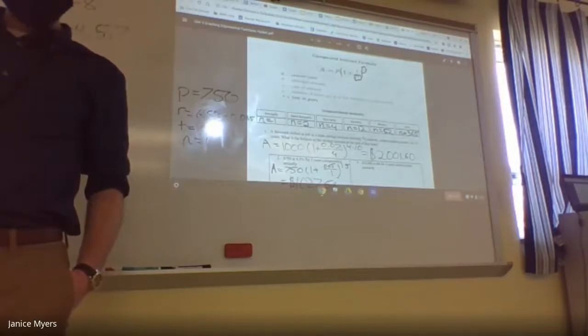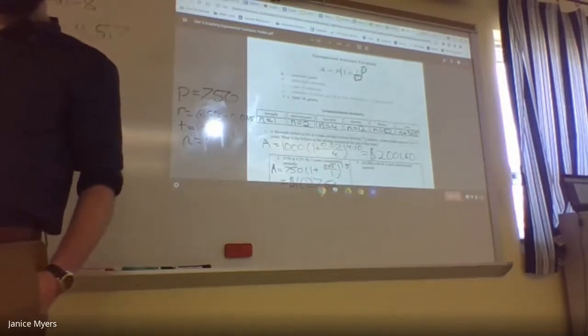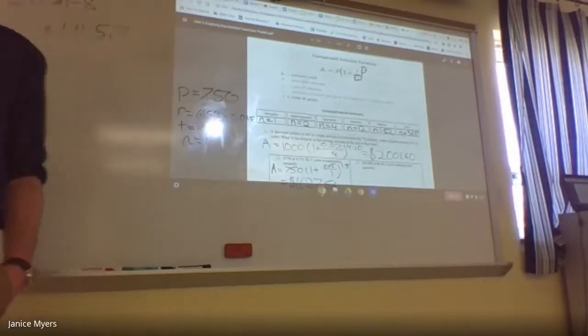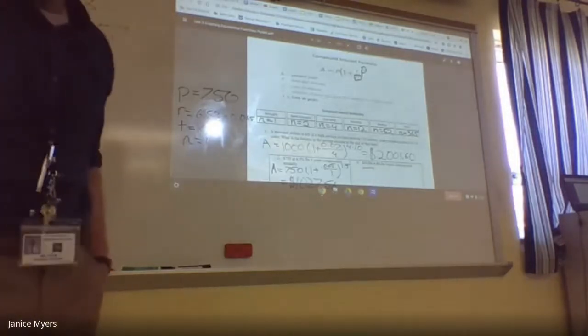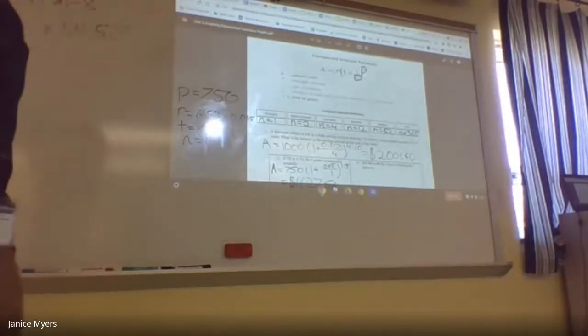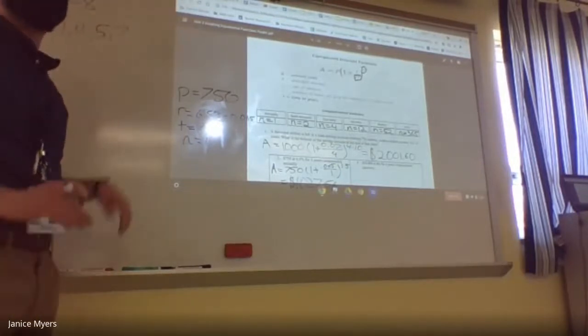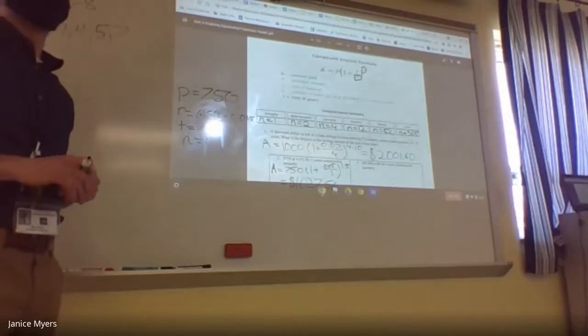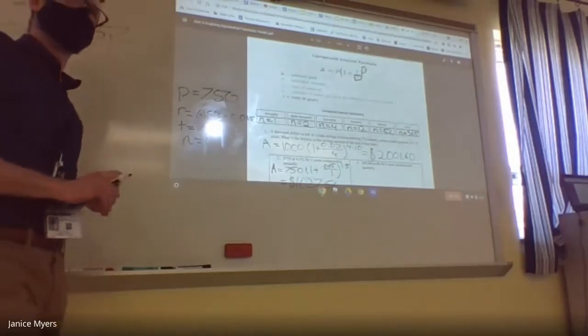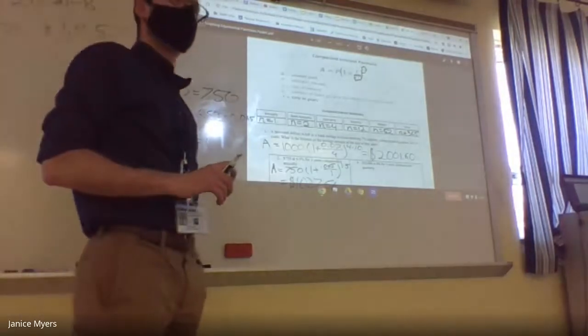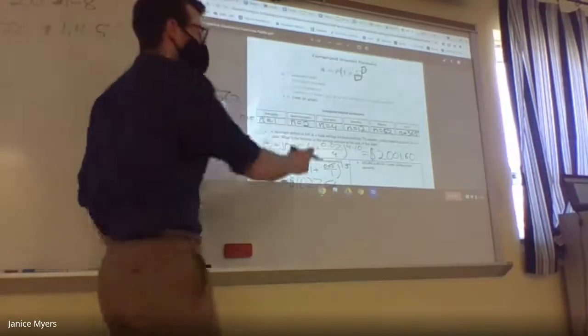Who said they got that? Gabriel. If you put in the calculator, in the exponent, 1 times 5, it'll only apply the exponent to the first.